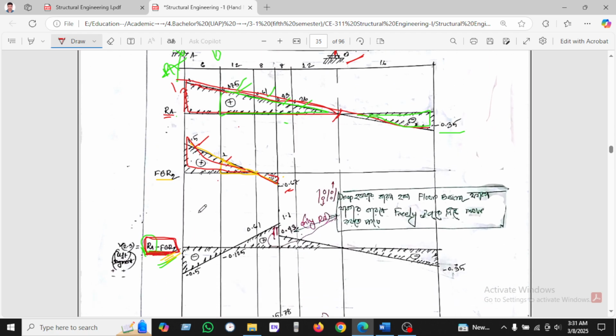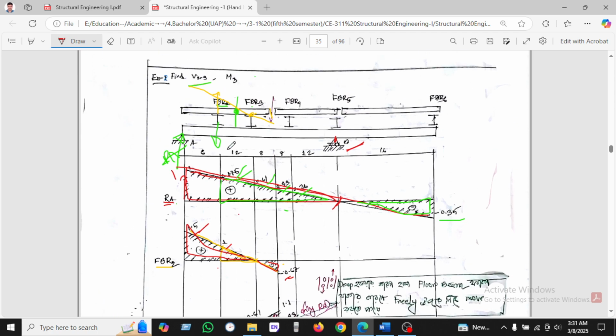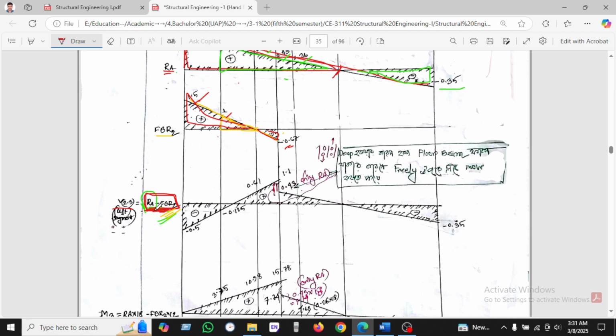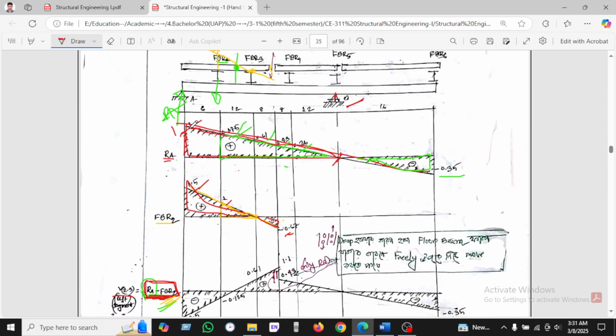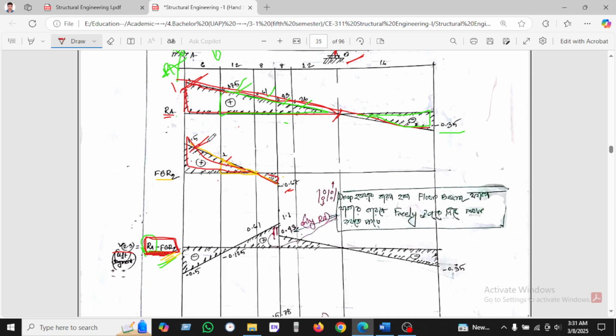Okay, so now we are getting all the results. Now we'll draw the floor shear 2 3, this point 2 3. So RA, this is the RA value we have found, 1 minus 1.5, so it will be minus 0.5.